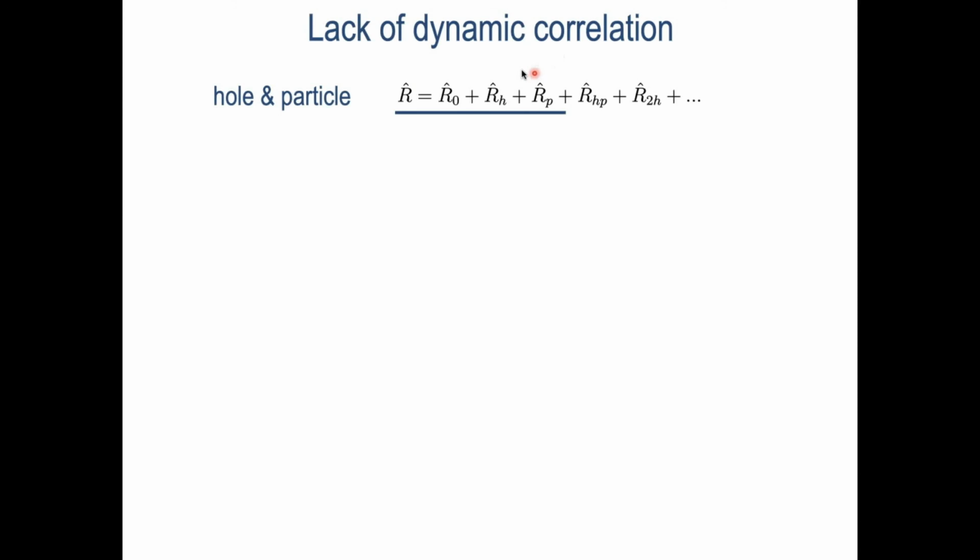As I said, we include by default all excitations within RAS2 plus hole plus particle excitations, but we don't have hole-particle, two holes, and so on. Because of that, we are missing correlation, and we believe that we can label this type of correlation as dynamic, mainly dynamic correlation.